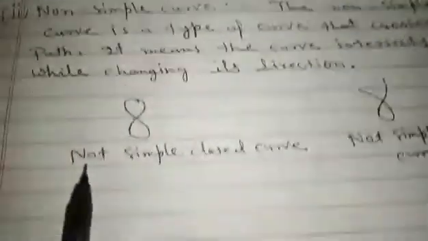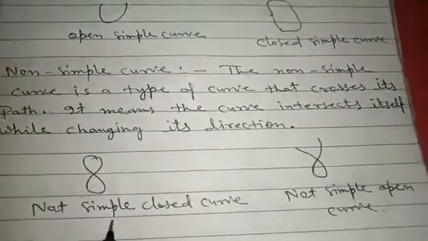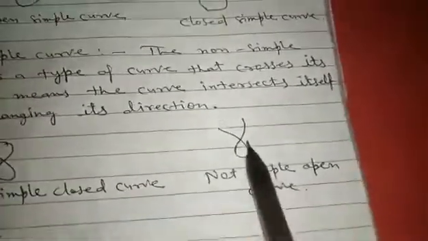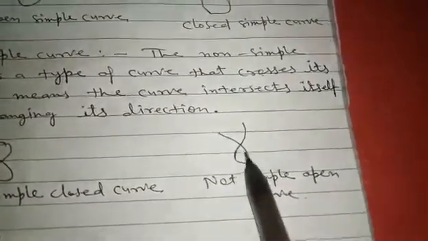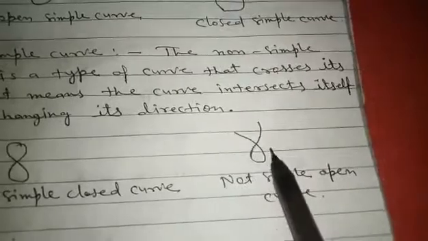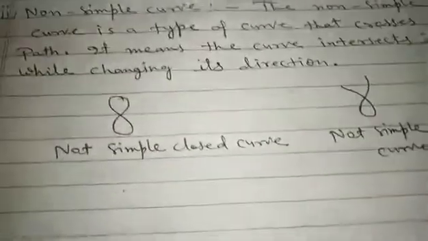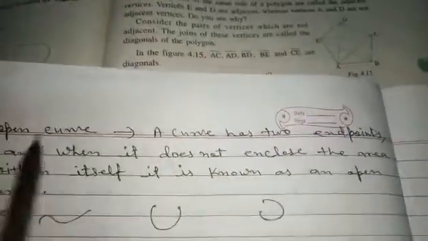So this figure is a not simple closed curve. This is a not simple open curve. This is an open curve but not simple, and this is also not simple but closed. So it is clear.